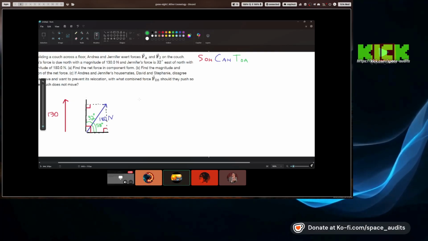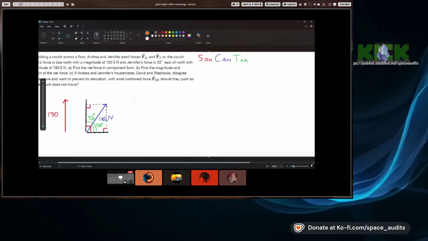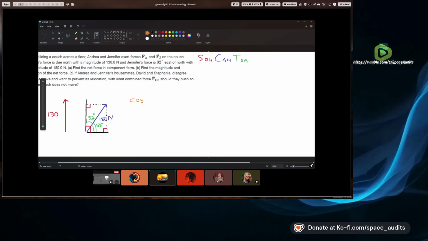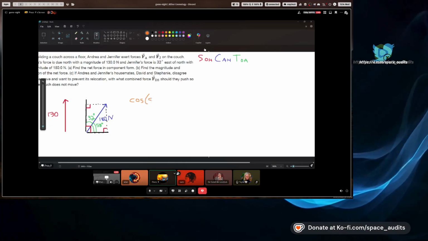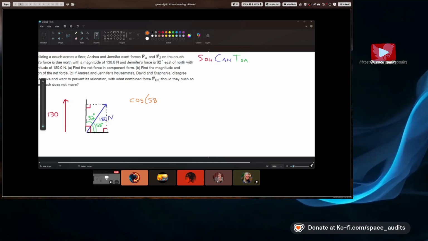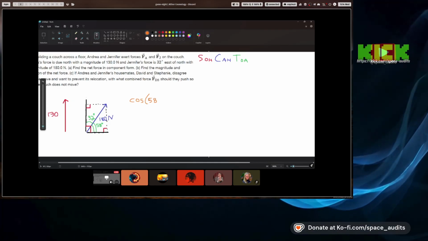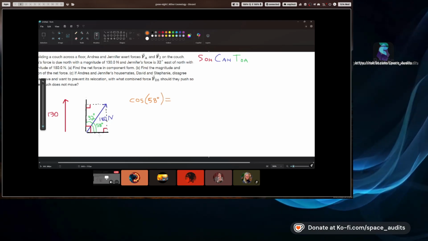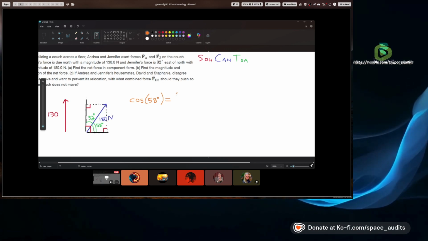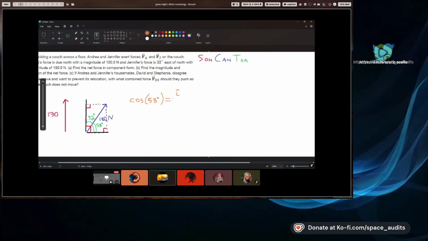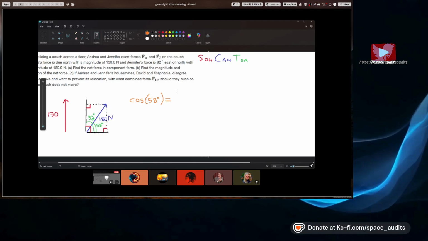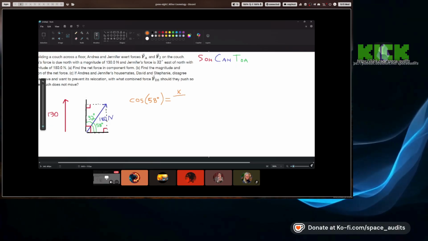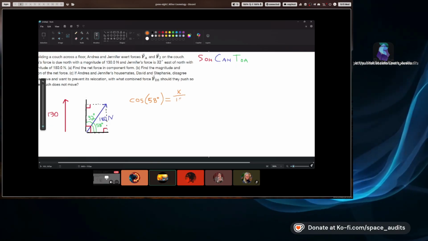So what I can say is cosine, and what's my angle? 58. So cosine 58 degrees is equal to x, or I could say i hat in this case, but I like x. So x over 180.